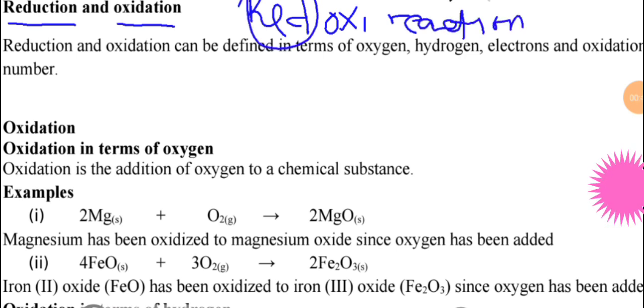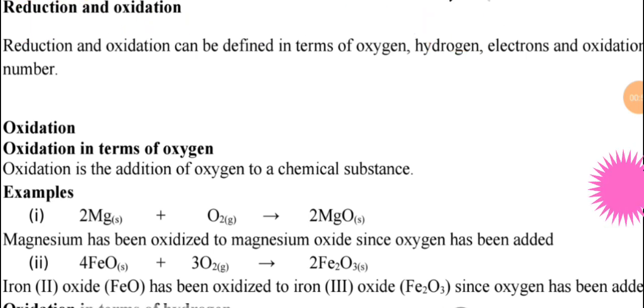Red is talking about reduction and ox is talking about oxidation. Now, when we say reduction and oxidation, what do we mean?